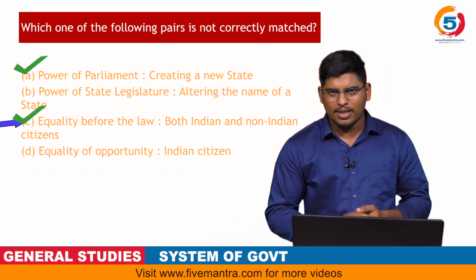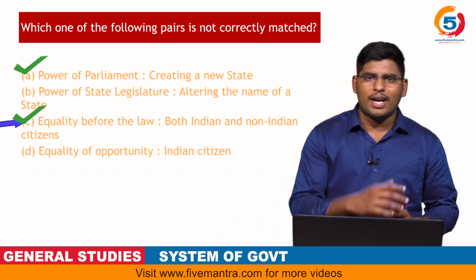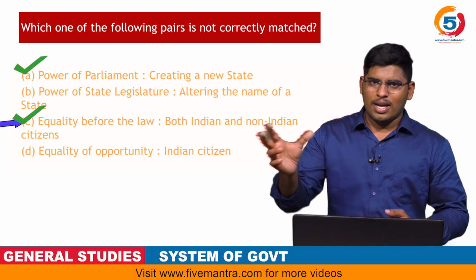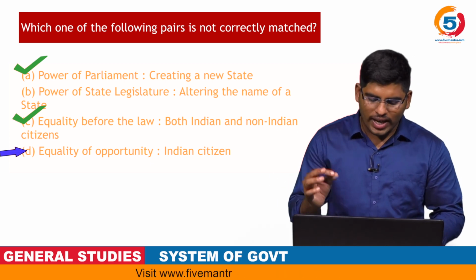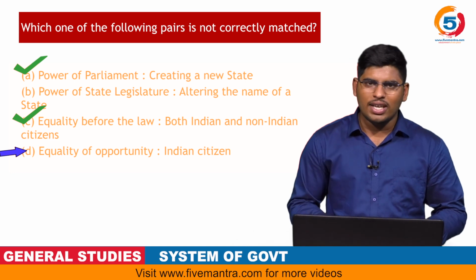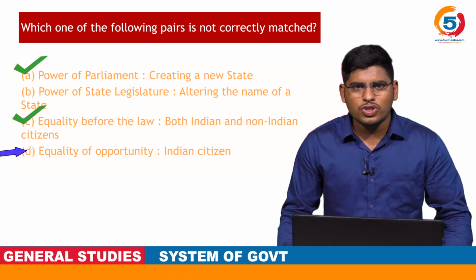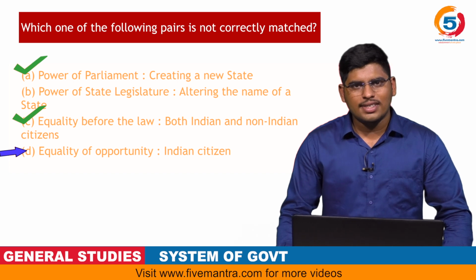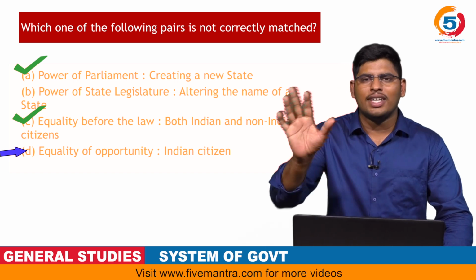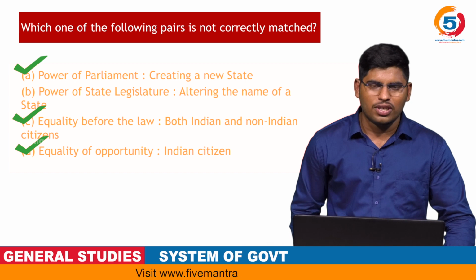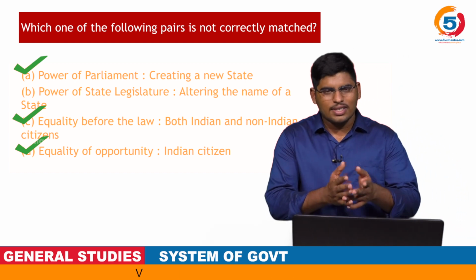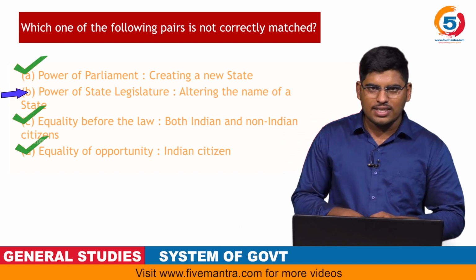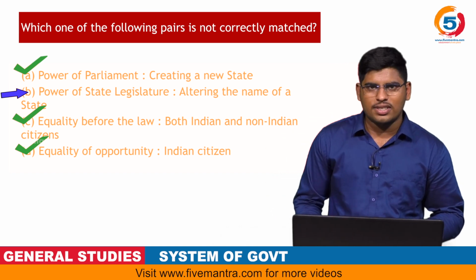So the third option is correct, because Article 14 is not a part of the exclusive articles applied to our citizens. The last option is equality of opportunity, that is to Indian citizens. Equality of opportunity is under Article 16, which is exclusive for Indian citizens. So it is the correct option. So the pair which is not correctly matched is the second option, power of state legislature in altering the name of a state.